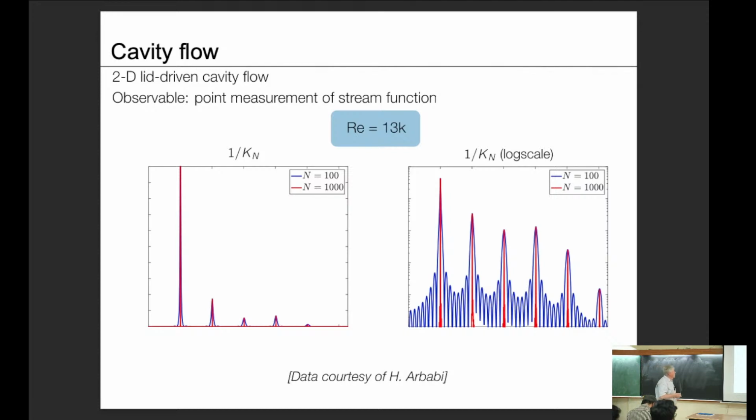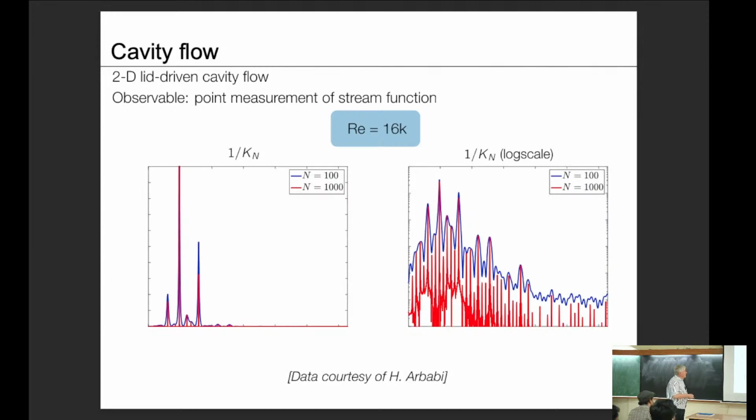Flow in a cavity for the stream function, and again you have here a very big oscillation, and this shows obviously the presence of the singular continuous spectrum.